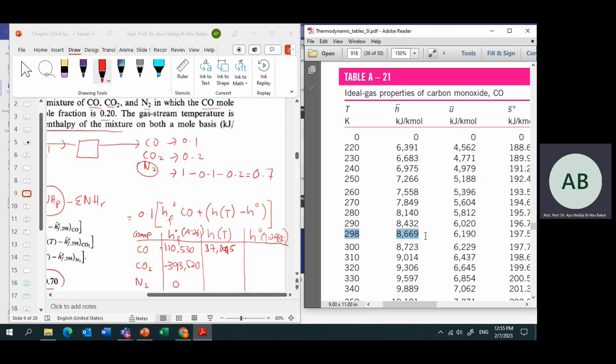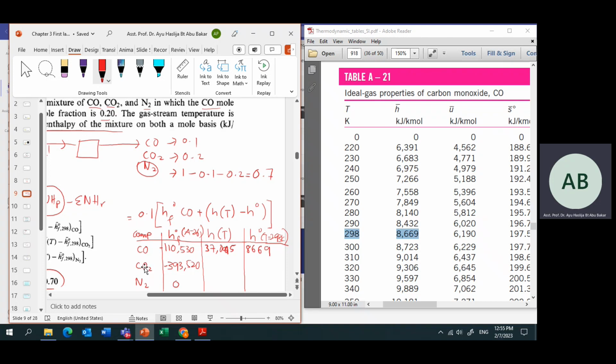Find the enthalpy: 8669. Okay. Do the same for CO2 and N2.